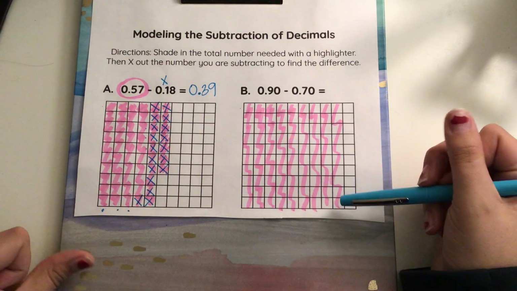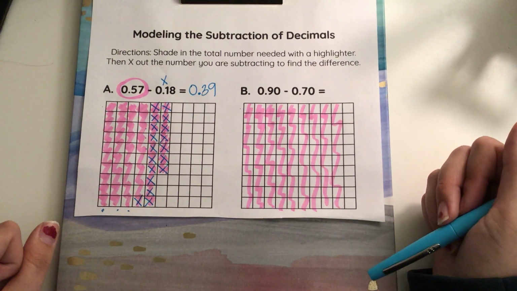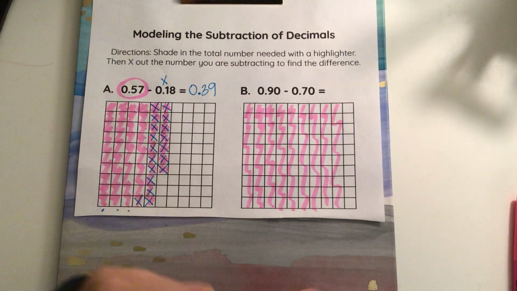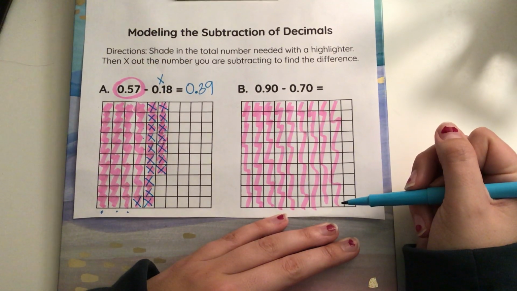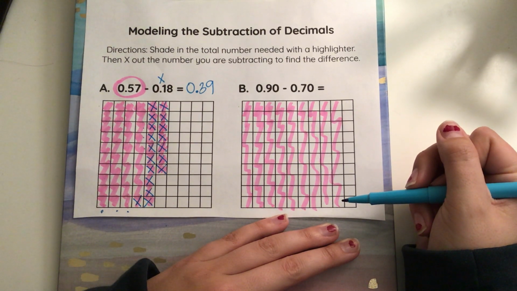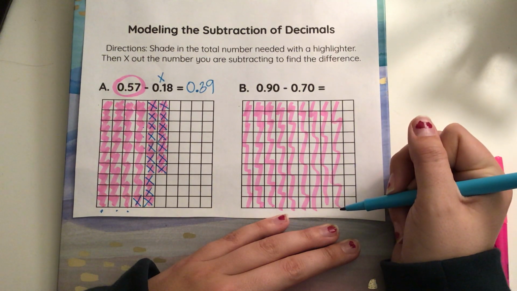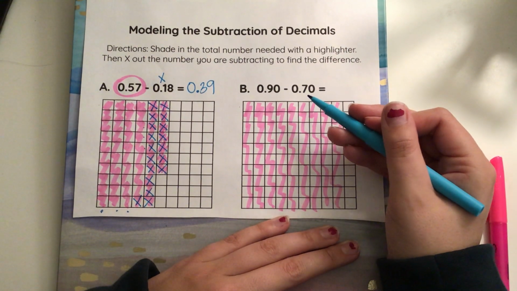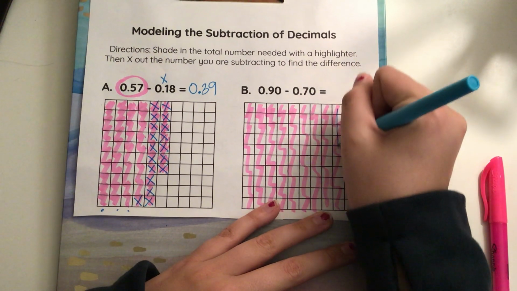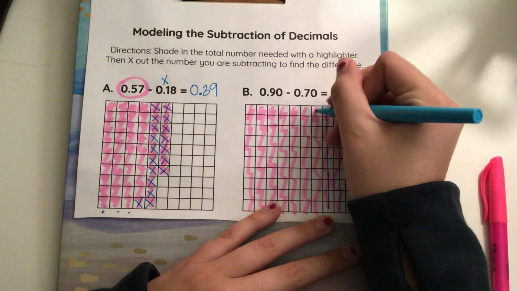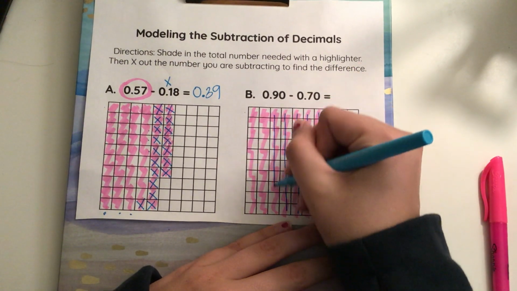You can sit here and you can go 1, 2, 3, 4. You can sit here and cross out all 70. But I keep repeating that 1 full column here is worth 10 hundredths. Okay, so if 1 whole one here is worth 10 hundredths, I've got 70 hundredths. I can cross out 7 of them. So I could go 1, 2, 3, 4, 5, 6, 7.